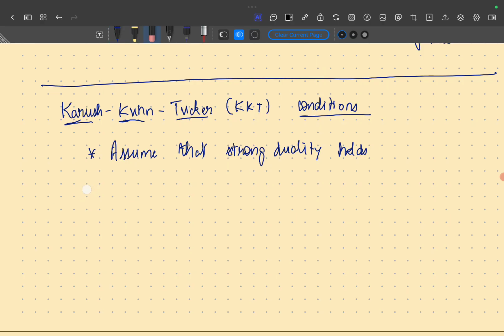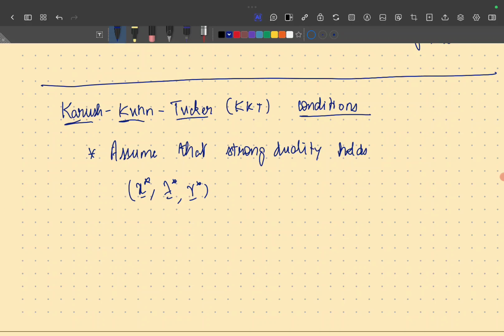So we say that x star, lambda star and nu star, so I'm trying to jointly solve for both the primal and the dual optimization problem in some sense.